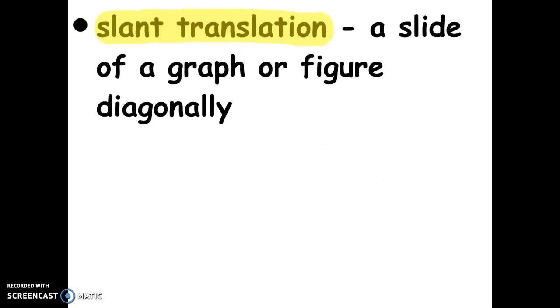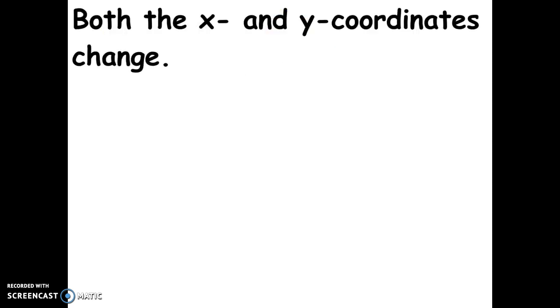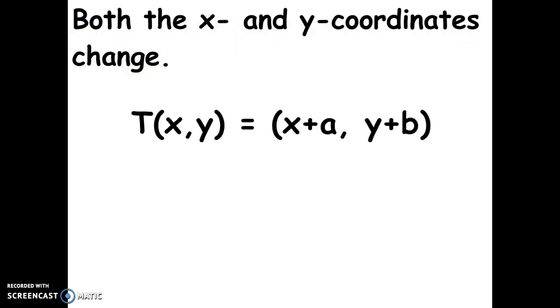And lastly, we have a slant translation, and this is a slide of a graph or figure diagonally. So for this one, both the x and y coordinates change. So you'll see that you're adding or subtracting something from the x value and adding or subtracting something from the y value.